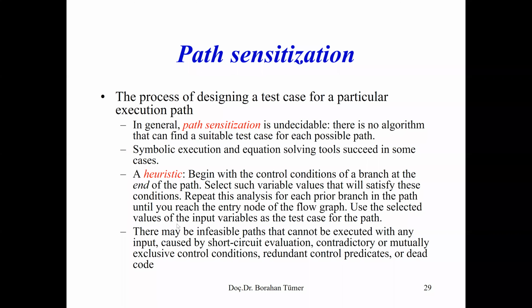Use the selected values of the input variables as the test case for the path. There may be some infeasible paths that cannot be executed with any input, caused by short circuit evaluation, contradictory or mutually exclusive control conditions, and redundant control predicates or dead code.